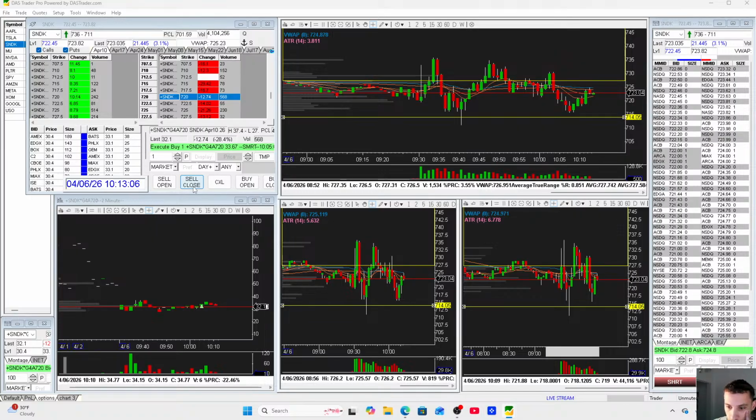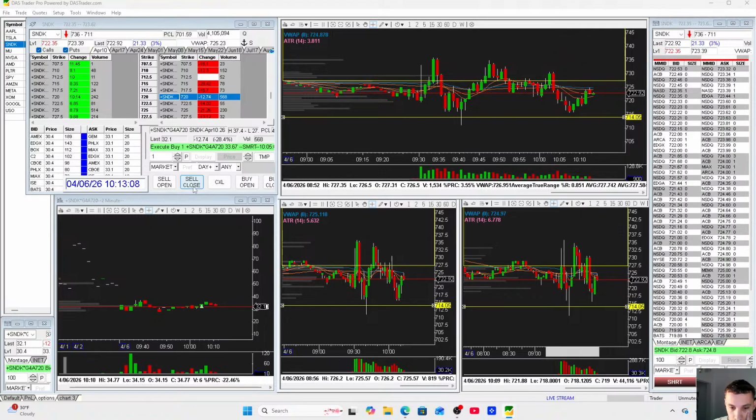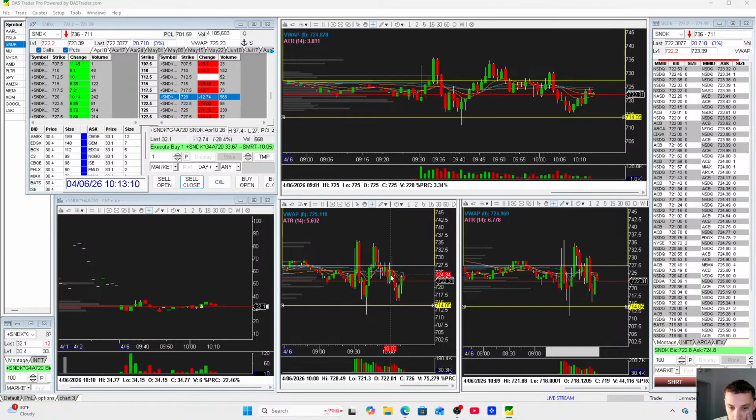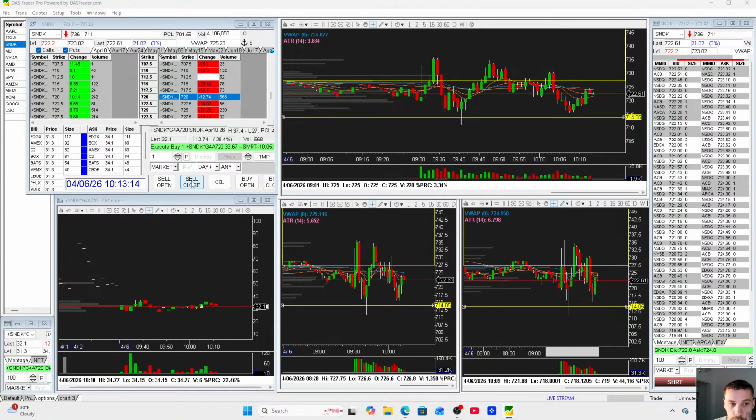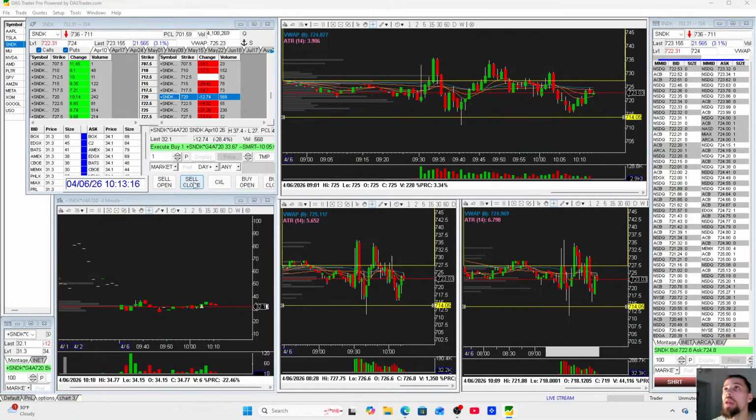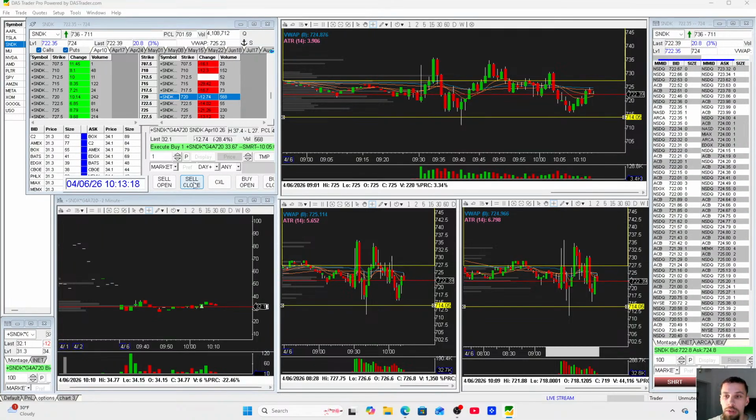Still in the trade right now. Only nice thing is as we're pulling up here, the volume's dying down drastically, but we can't just keep pulling up. If that happens, we just gotta get out.